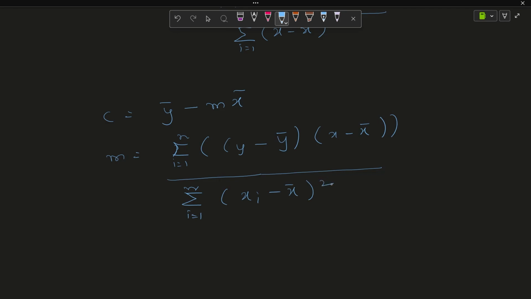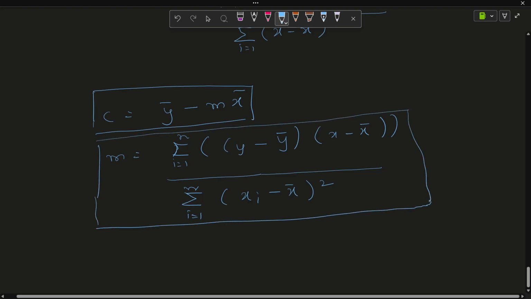Put it like this, and then you got the answer, you got c and you got m, right. For this you will be getting the best fit line after plotting.